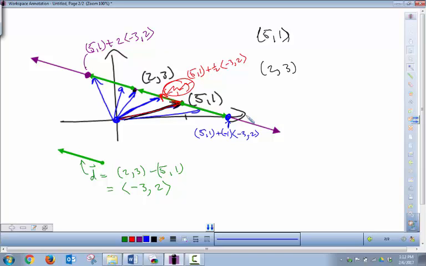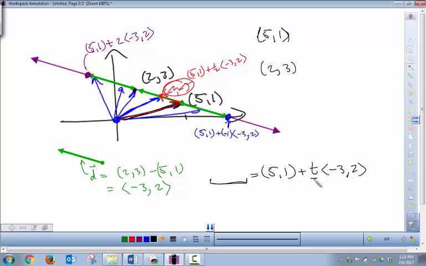So that's going to be our key, is that if our line, and I'm going to put another expression over here, but if our line starts off with 5, 1, and then I add some scalar multiple of 3, 2, and the scalar multiple I can use t to represent any scalar multiple I want, then I would be able to draw out this whole line.